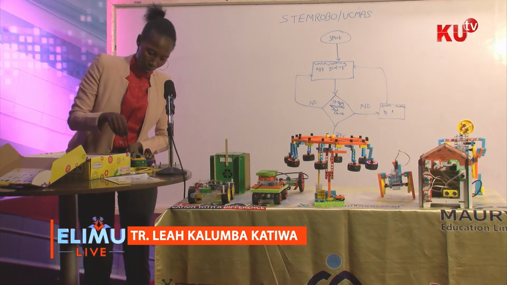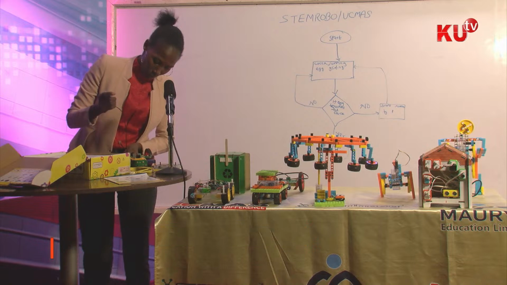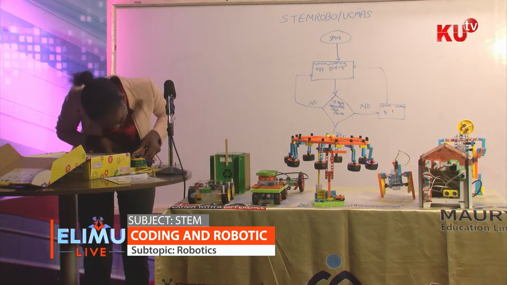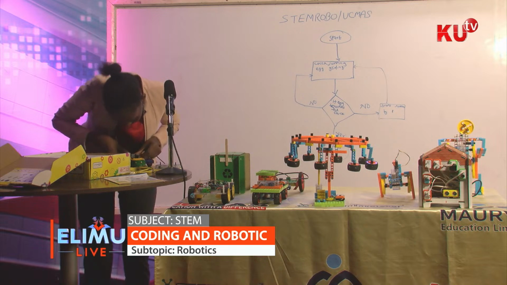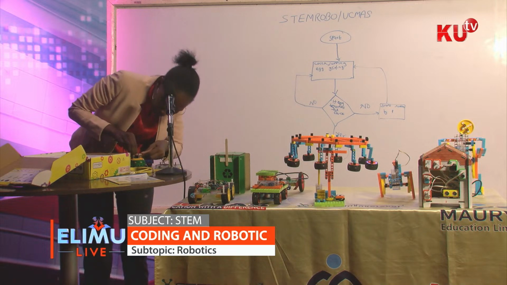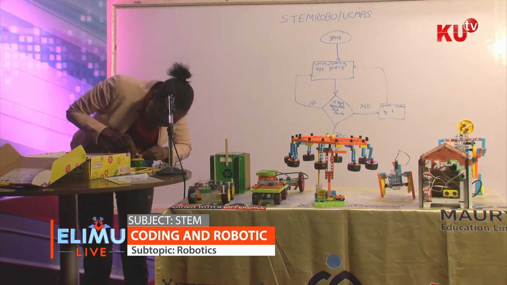So this one we call it a motor cable. It takes power from the power distributor to the motors. So we have two motors, so we have to use two motor cables.